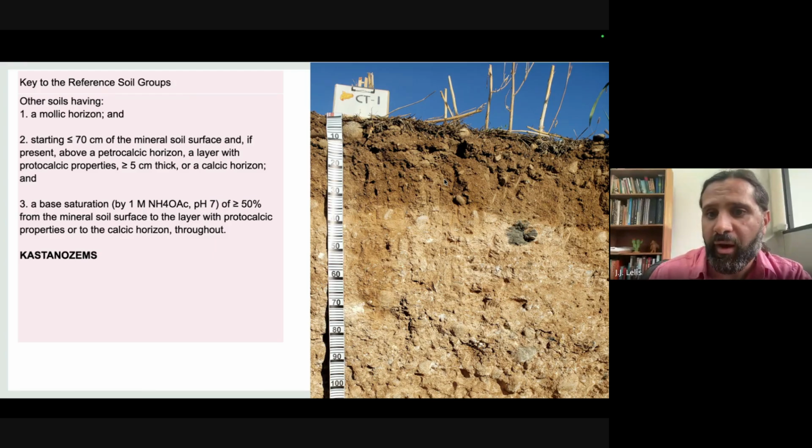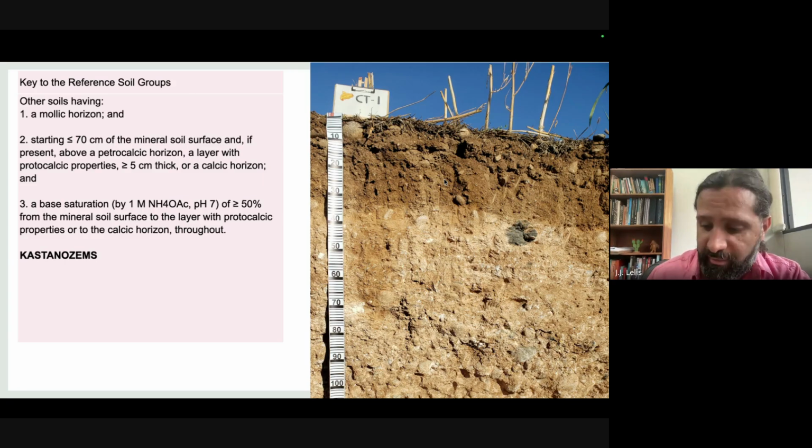So the differences are how thick is the mineral soil surface, how dark is the mineral soil surface, how enriched in organic carbon is the surface, and how strong is this surface.